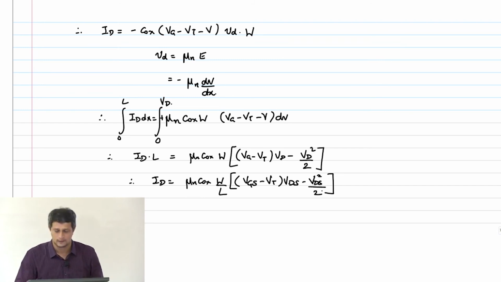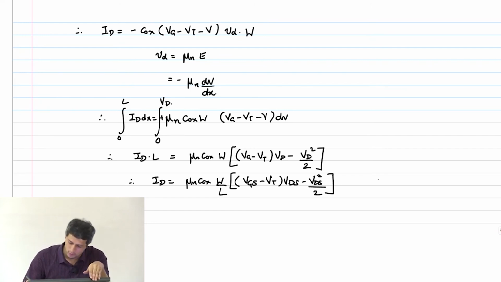Clear? So now let's see what happens when my VDS keeps increasing. I'll just keep increasing VDS. At the source end, what is the net potential? The gate minus the potential at the source end, what is it?